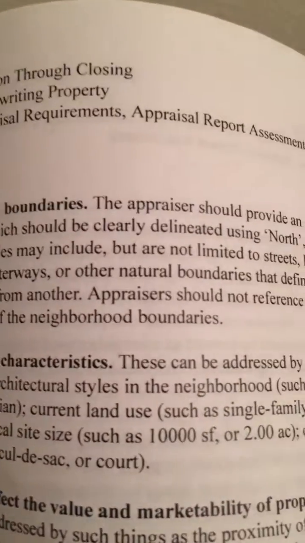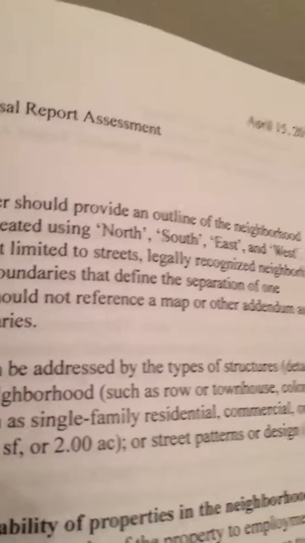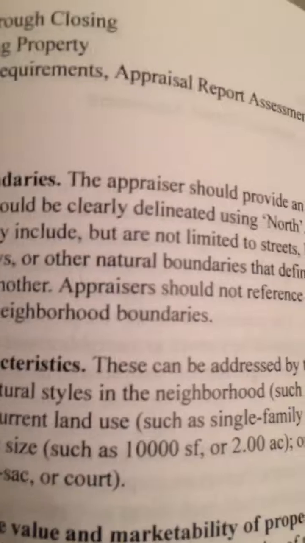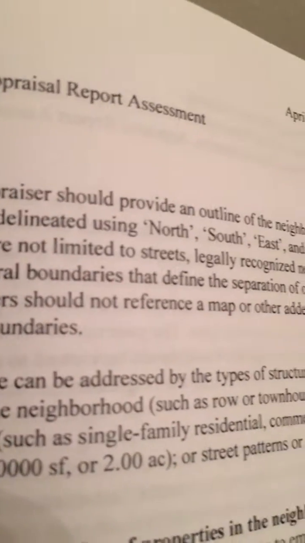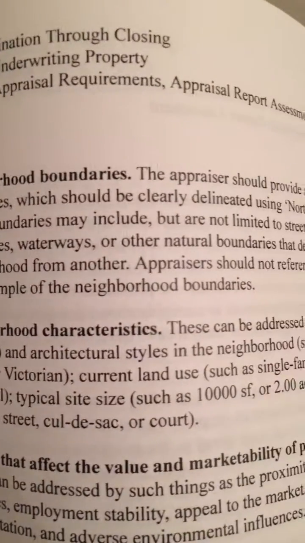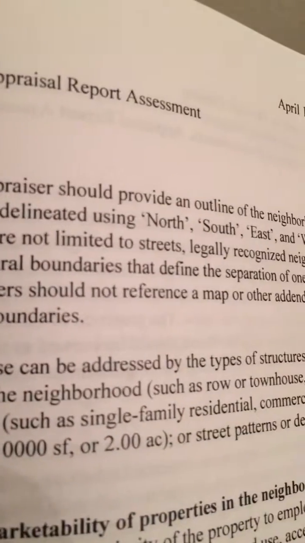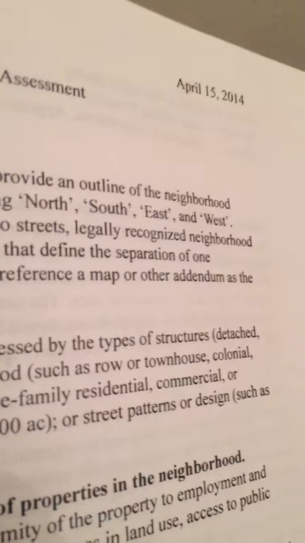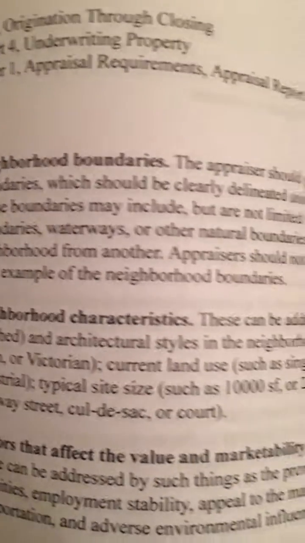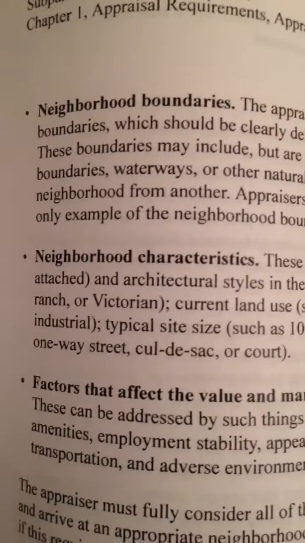These boundaries may include, but are not limited to, streets, legally recognized neighborhood boundaries, waterways, or other natural boundaries that define the separation of one neighborhood from another. Appraisers should not reference a map or other addendum as the only example of the neighborhood boundaries.